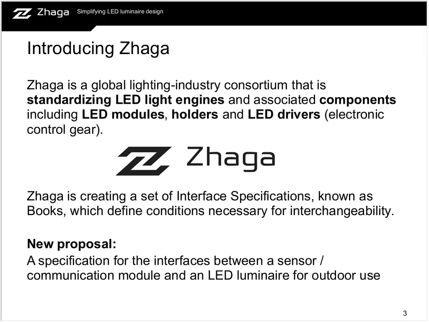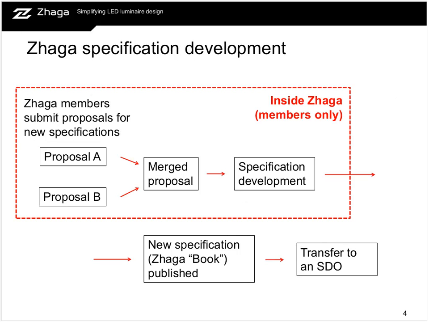So if I can just briefly summarize how we normally create proposals. Within Zhaga, the Zhaga members submit proposals for discussion, and there is typically a phase where we reach a consensus so that we end up with a single proposal, which is then developed further and turns into a specification. And at some point, that specification is published and then is available to everyone in the industry.